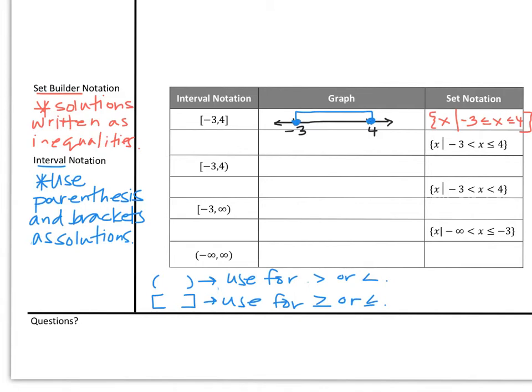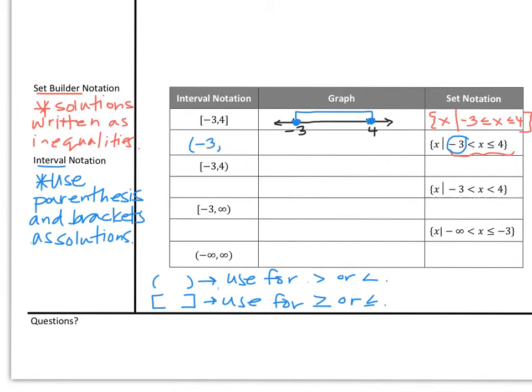Taking a look at the next example, notice the boundary is again -3 and 4, but x doesn't equal -3. It gets infinitely close. So in interval notation, anytime it doesn't equal that boundary number, we use a parenthesis. So for -3, I'll put a parenthesis on the left.